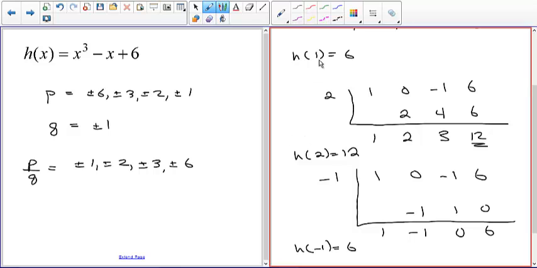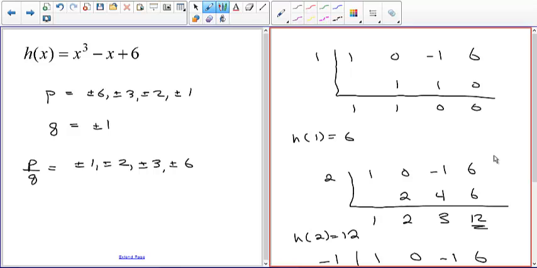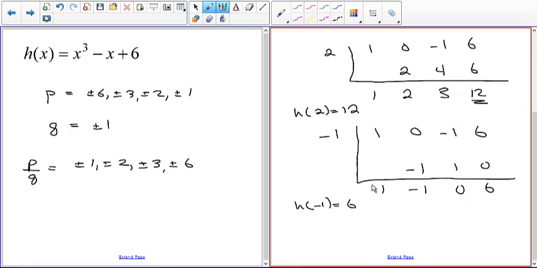If h of 1 is 6, h of negative 1 is 6, and h of 0 is 6, that's strange behavior. So let me double check my numbers here. Okay, that makes sense. Well, that seemed to work.